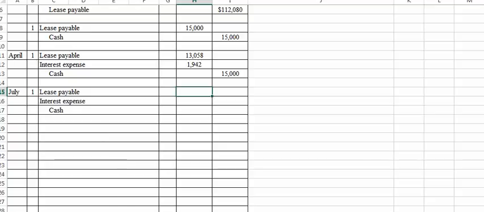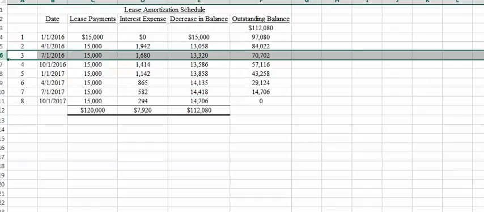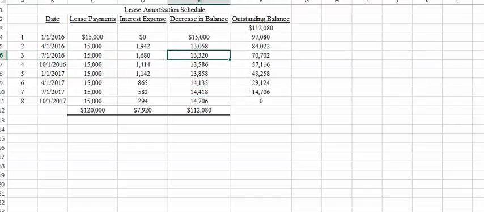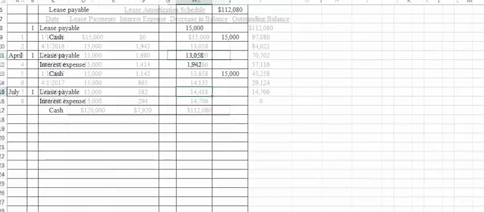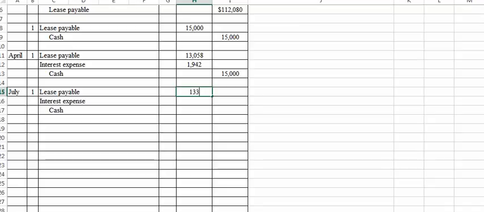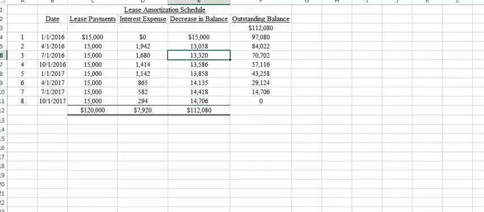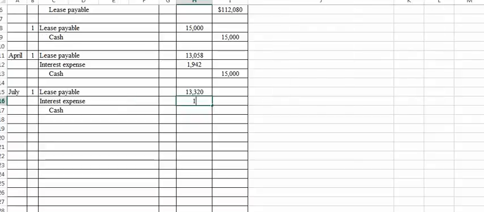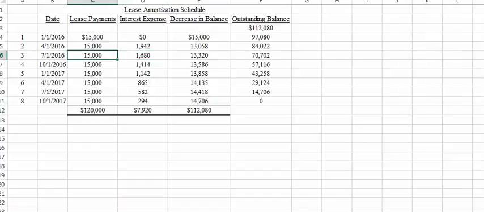The debit to lease payable on July 1st will be made for the amount of the decrease in the balance, $13,320. Will debit interest expense for the amount of interest due on July 1st, 2016. That's $1,680. And then we'll credit cash for the amount of the lease payment, which was $15,000.